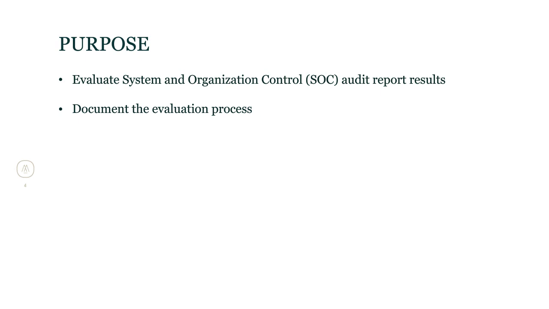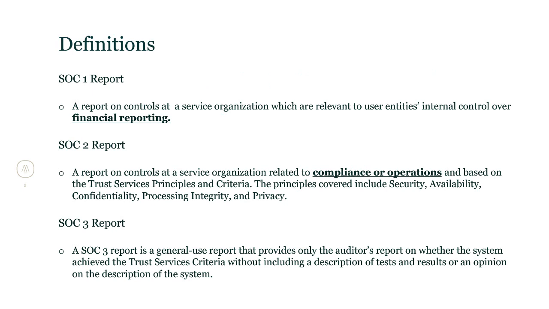So before we jump in, I just want to give a quick refresh on the definitions of the SOC 1, SOC 2, and SOC 3 report. The key thing to know here is that an SOC 1 is a report on controls at a service organization that will cover internal controls over financial reporting, whereas a SOC 2 report will cover a wider breadth of information, including controls at a service organization that also may relate to compliance or operations, and are generally based on the trust services principles and criteria.